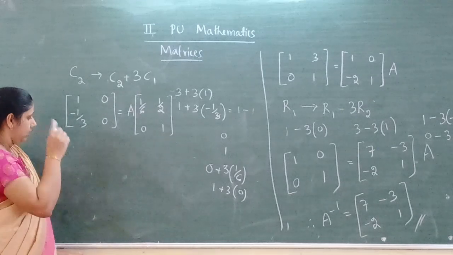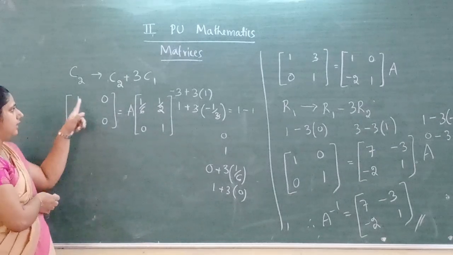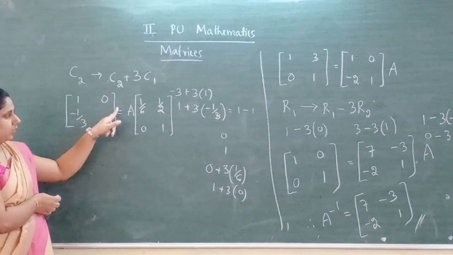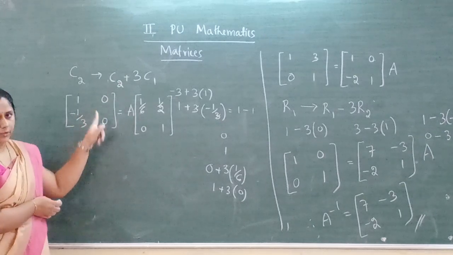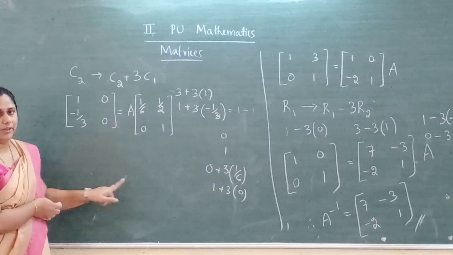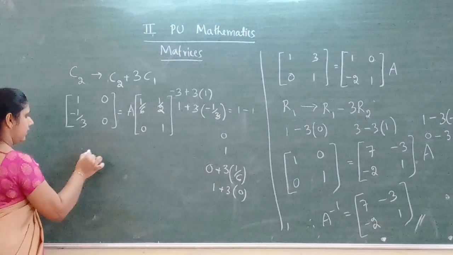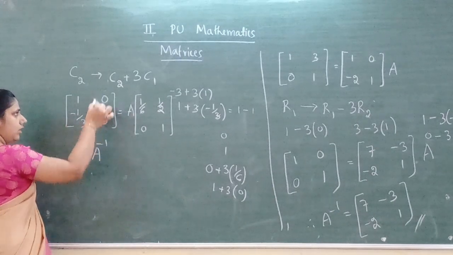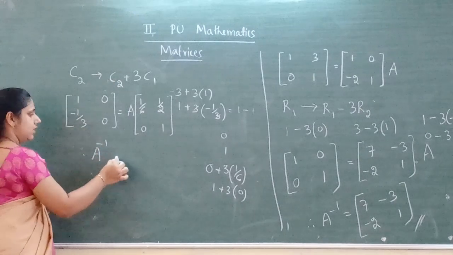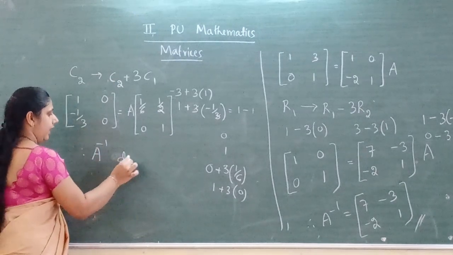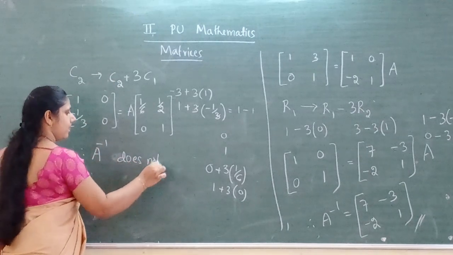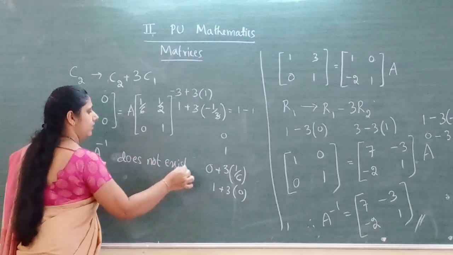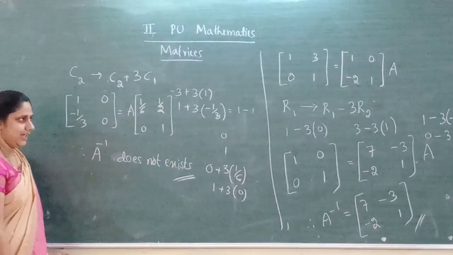Now, as I said earlier, if either a row is full of zeros or a column is full of zeros, then A inverse does not exist. So here I got a column full of zeros, so A inverse does not exist.